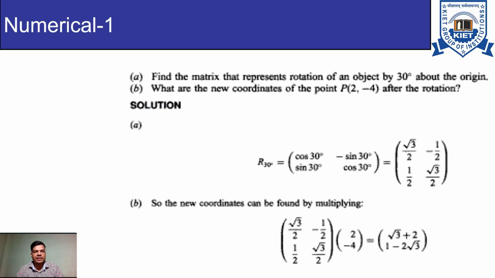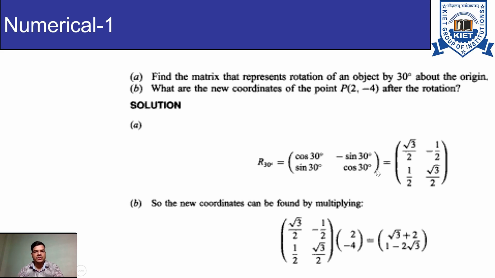So here is the first numerical. We have to find the matrix that represents rotation of an object by 30 degrees about the origin. So basically we have to demonstrate a matrix of rotation in which the angle given is 30 degrees, and 30 degrees is positive, so the rotation is in the anti-clockwise direction. The rotation matrix about the origin is cos theta, minus sin theta, sin theta and cos theta.